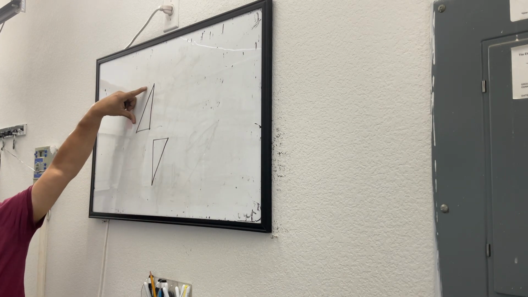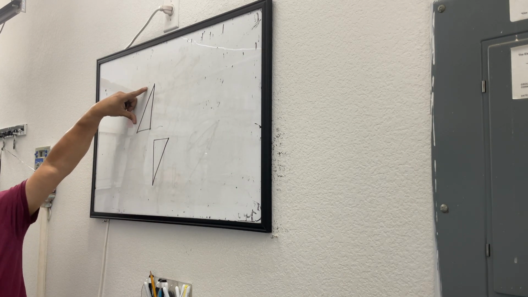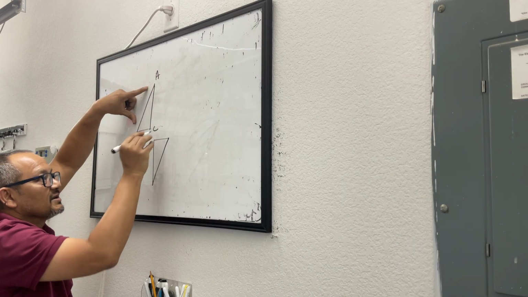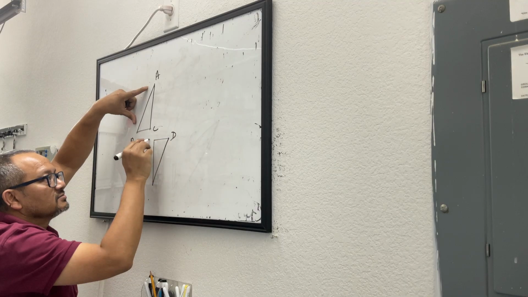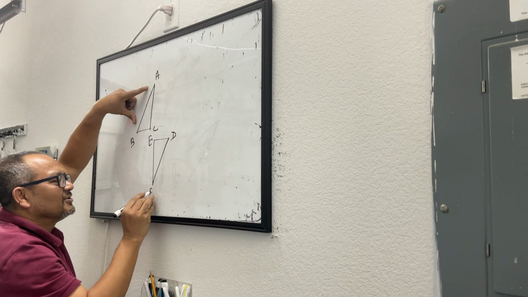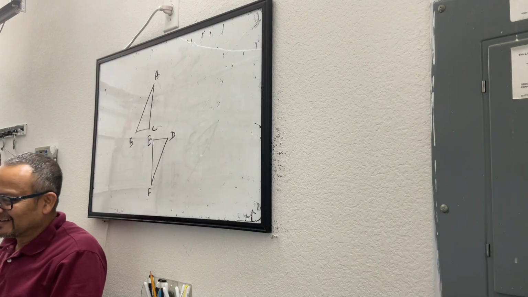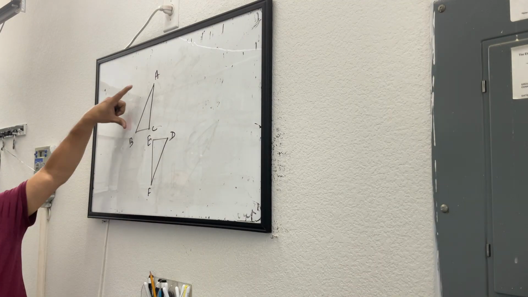Okay, so here we have a triangle, A, B, C. Wait, is that the corner? Is it like the sides? Don't get emotional. Hear me completely first. So we have two triangles here, okay?